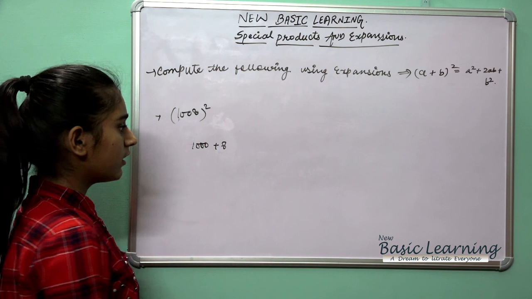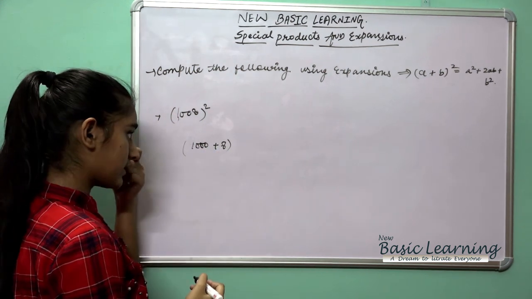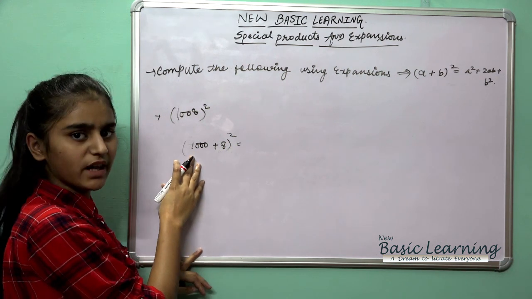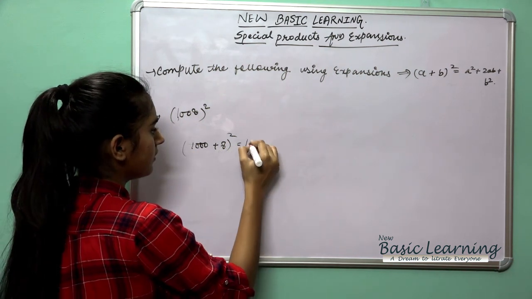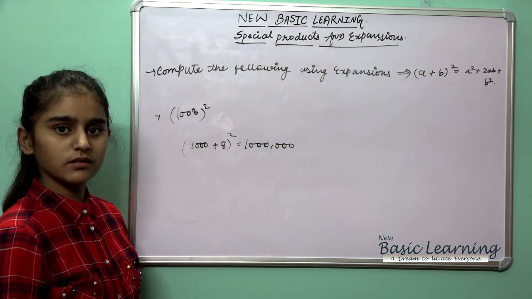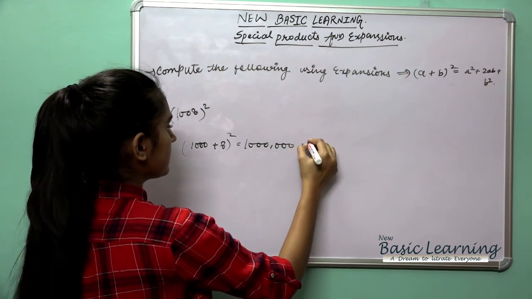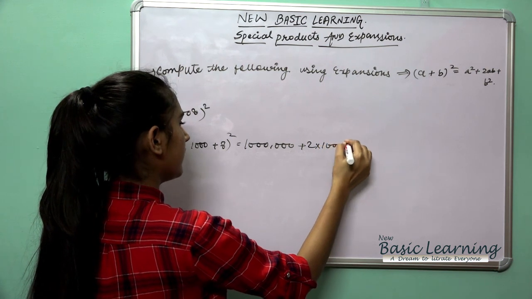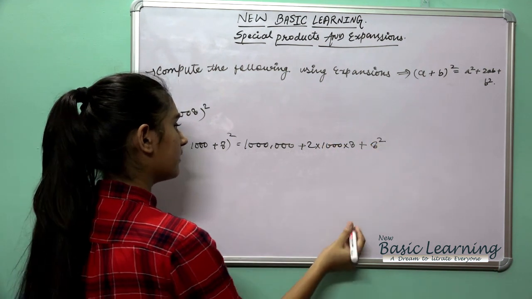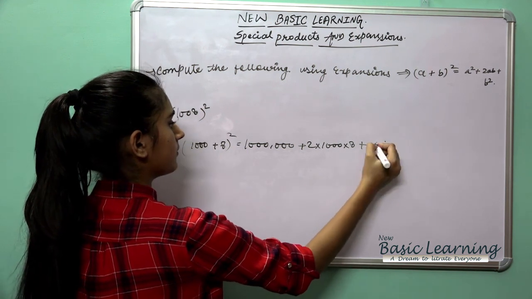Okay, so let's calculate this. 1000 square, plus 2 into 1000 into 8 plus 8 square, that is 64.